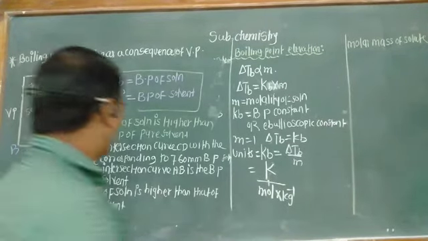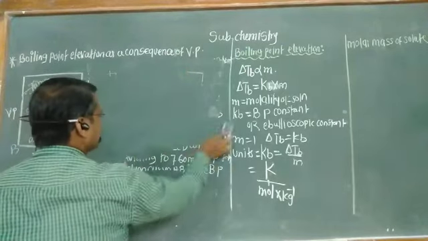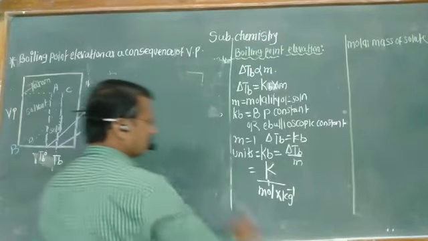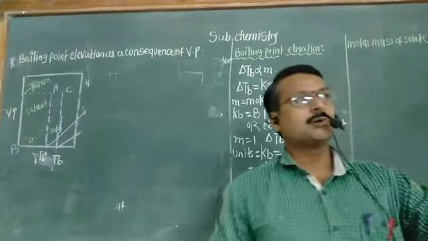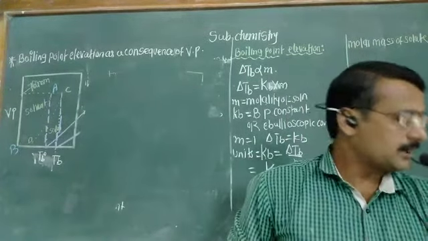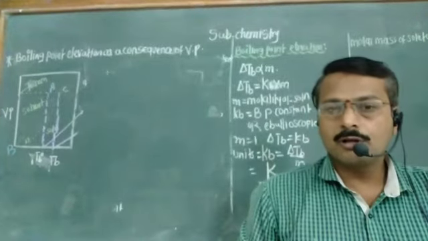So what is a boiling point? You know that the boiling point of a liquid is the temperature at which its vapor pressure is equal to 1 atmosphere. What is the definition of boiling point?